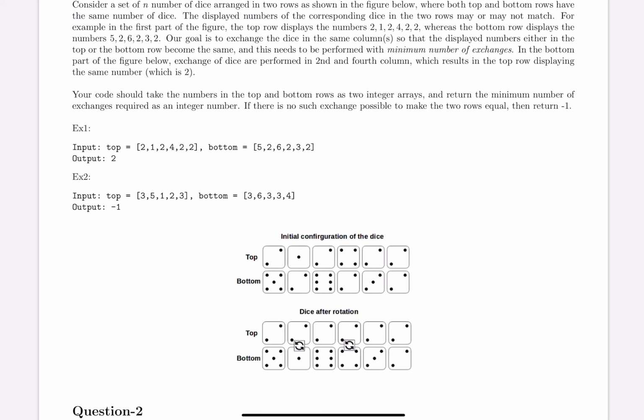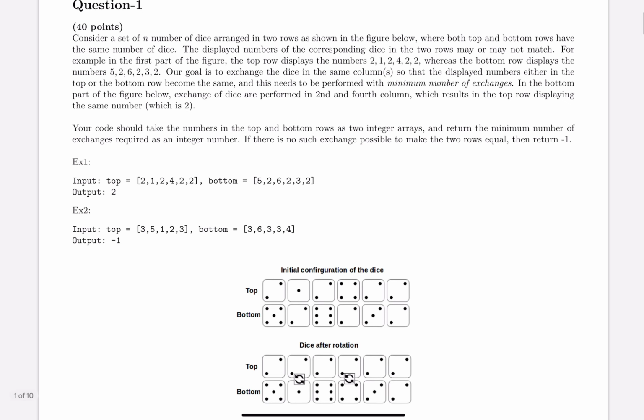So that's all. It is not fixed that the same elements must remain in the top. It may come in the bottom also, and we have to write the minimum number of exchanges.